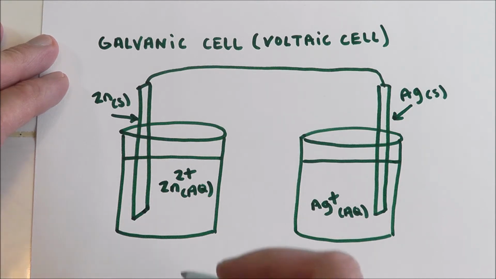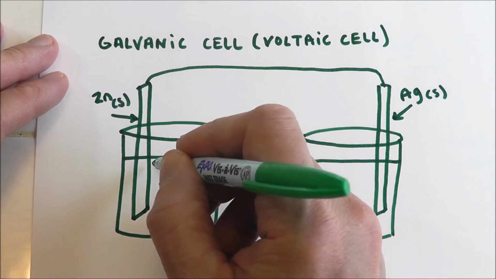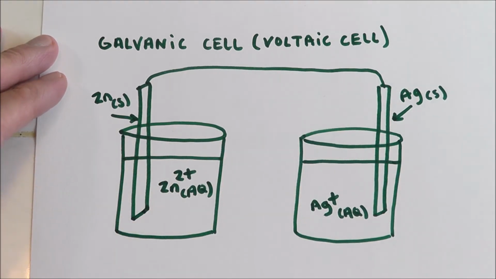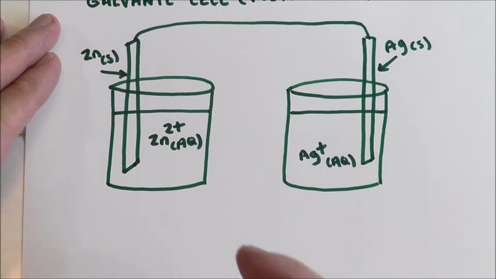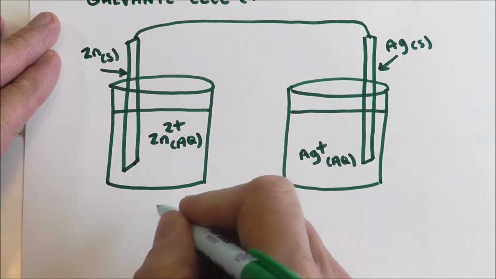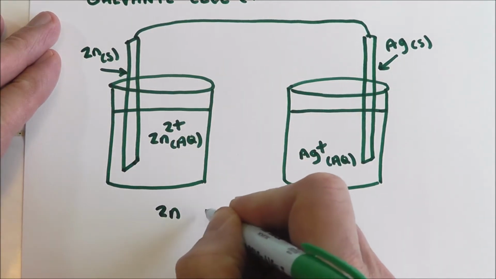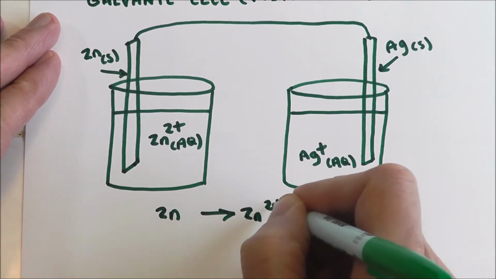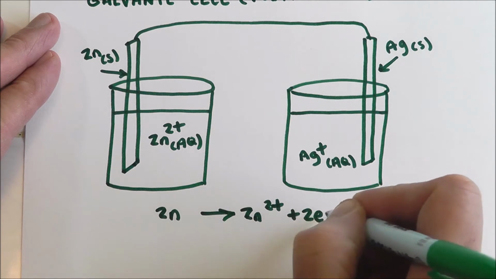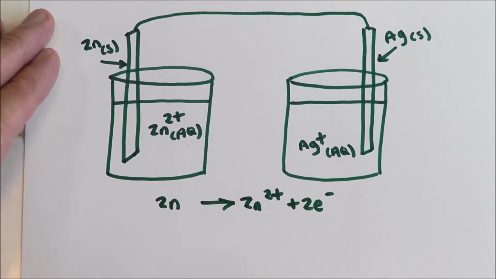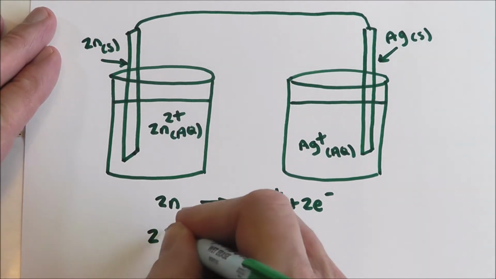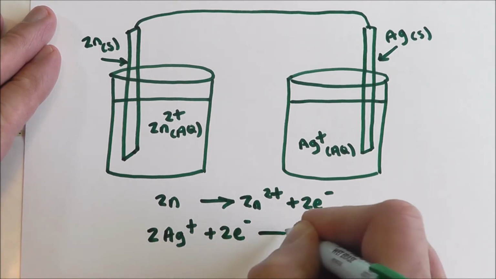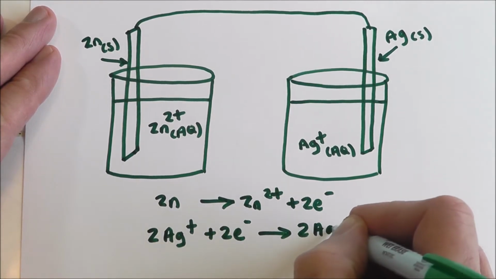Well, where is it going to occur? Now, if you split this into half reactions once again, it really stands to help you. All right, so let's split this into half reactions like we did last time. Zinc goes to zinc 2+ plus 2 electrons. And then 2 silver ions plus 2 electrons going to make 2 silvers.